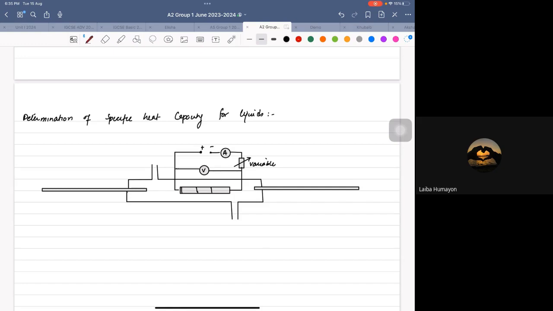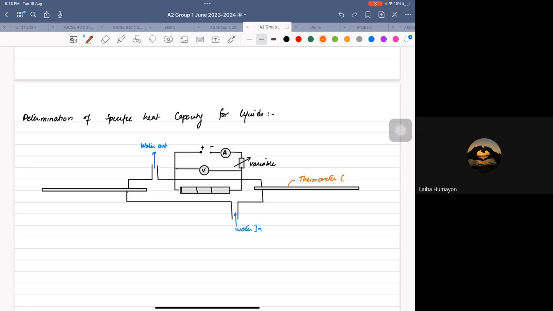Now, what you need to do is just label this. Here you will have water in, and here you will have water out. The other things in this are thermometers.